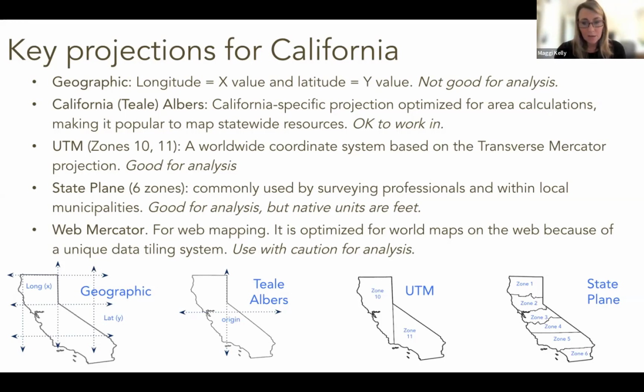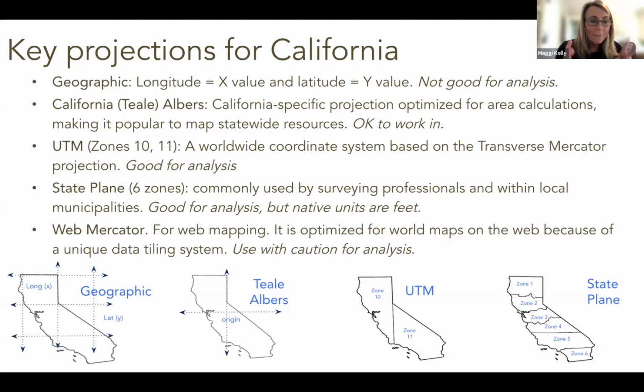And then there's another one called state plane, which splits the state into 6 zones. And this is the smallest piece of real estate for a projection in California. And it's commonly used by surveying professionals. It's not as commonly used in scientific research, but you will encounter data in state plane.